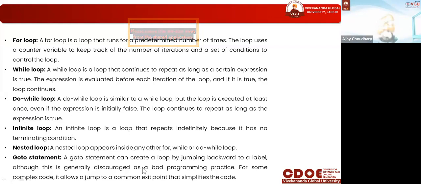That means there are multiple loops, which is called a nested loop. A goto statement can create a loop by jumping backward to a label. When we use goto, we go through that code until we want to end the execution.